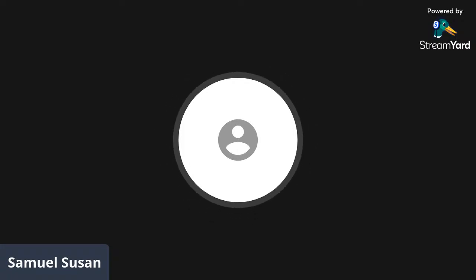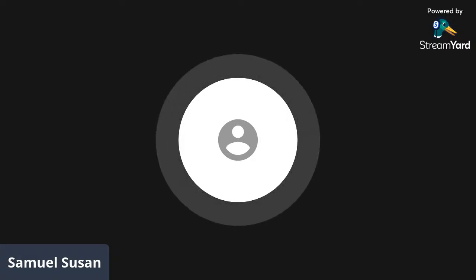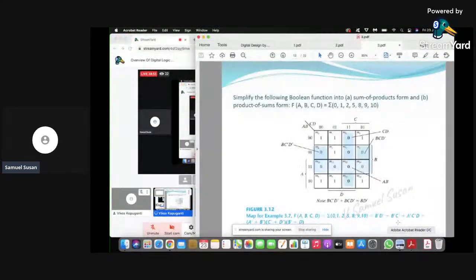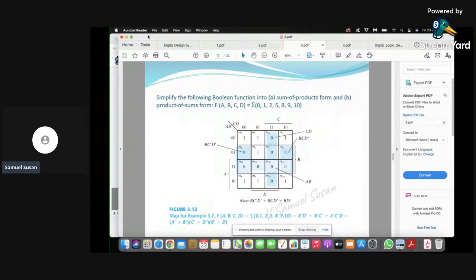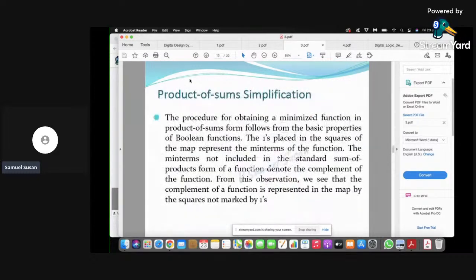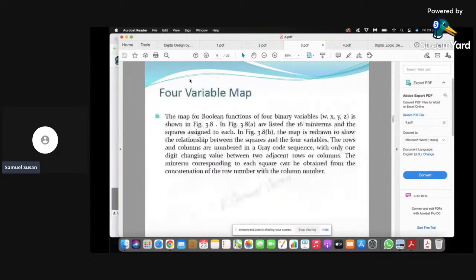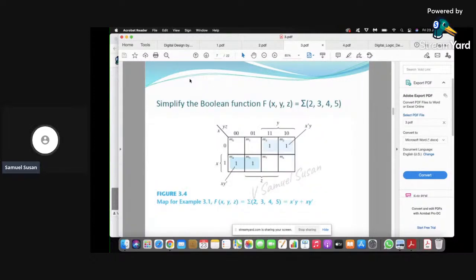Another example in K-maps. You want an example in K-maps? Can you show that PDF on the screen where we have that example of K-map? I'll tell you what the common mistakes they make in a K-map are. So yeah, this is the K-map.